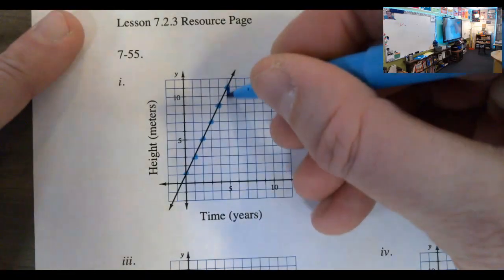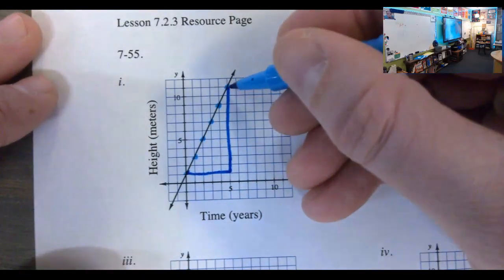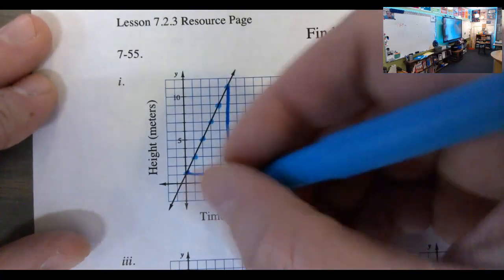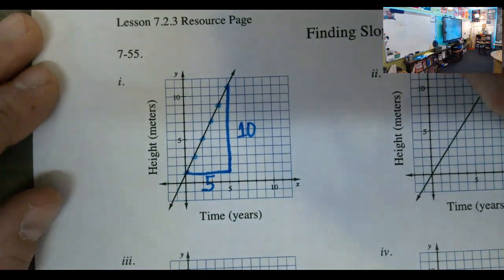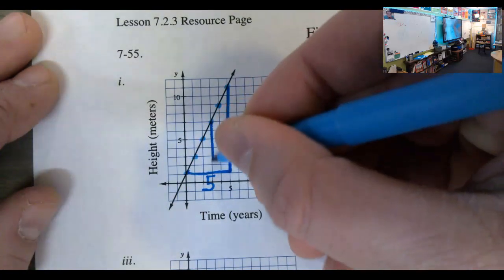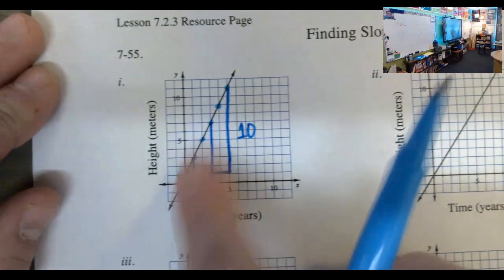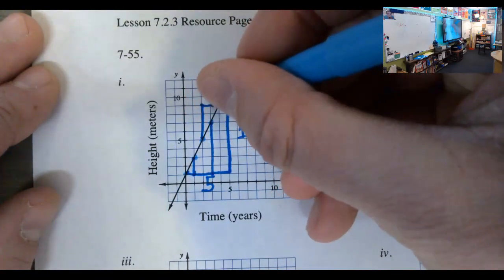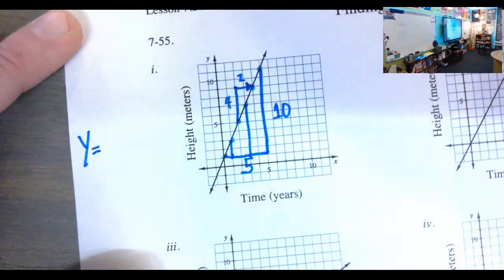If I draw the biggest triangle, this is 10 and this is 5. What's 10 over 5 going to give me? 2. What would 6 over 3 give me? 2. What would 2 over 1 give me? 2. So no matter what size of triangle, even if I draw it up here, it's still 4 over 2, so it's still the same. So our slope here is 2.